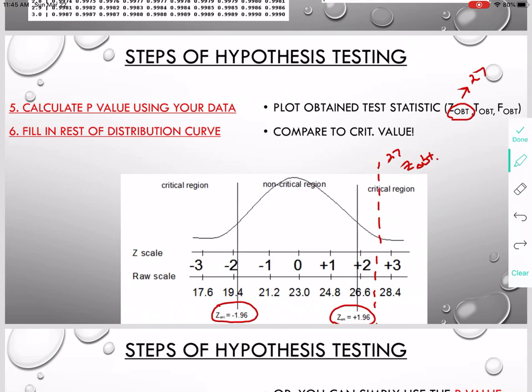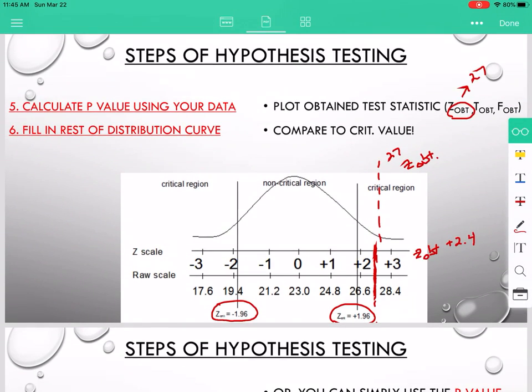If I follow this down, a z obtained of 27 here, what does that mean in my raw scale? Maybe on the raw scale, my z obtained is plus 2.4, right? If my raw score is 27, falling between 26.6 and 28.4, if I just move that up, to me that looks like it's about plus 2.4.